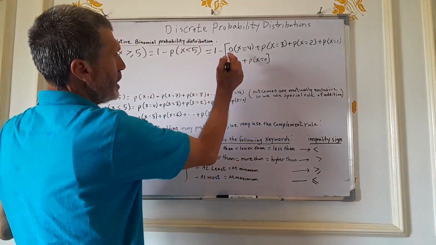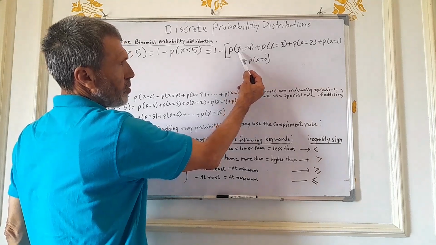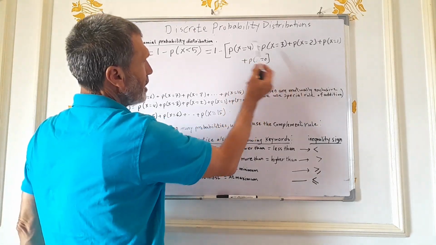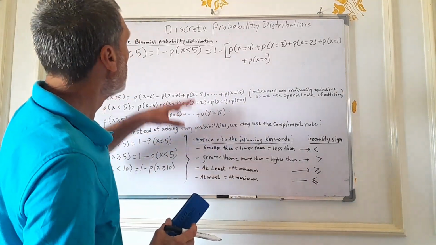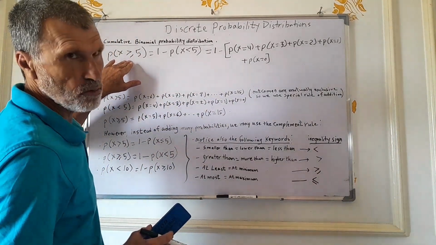So what you do, you get the probabilities of all these, and then you subtract that from 1, and you come up with the value of the probability of x greater than or equal to 5.